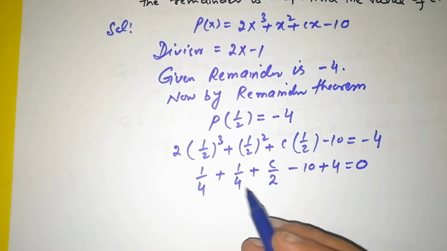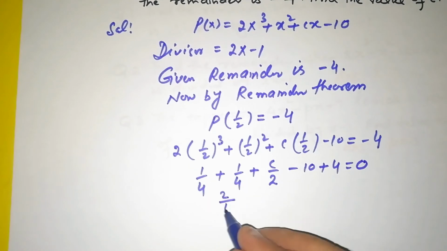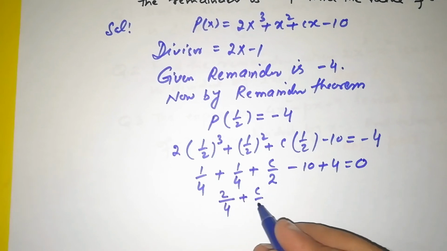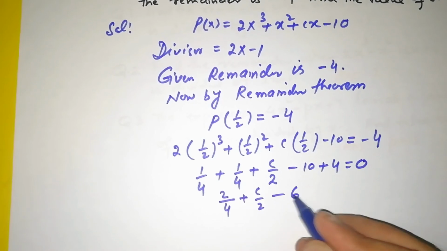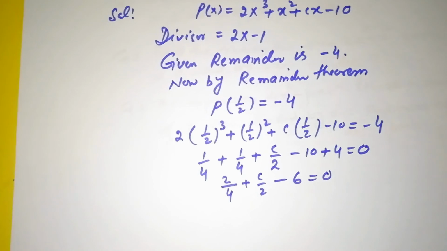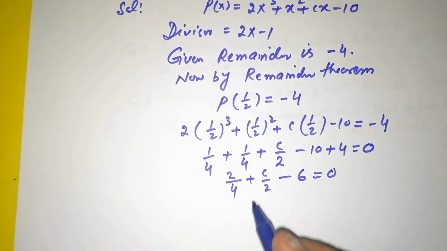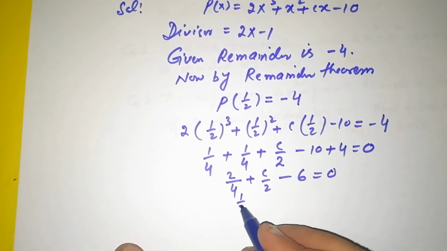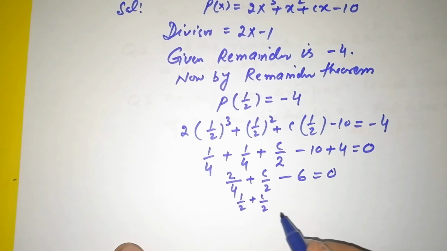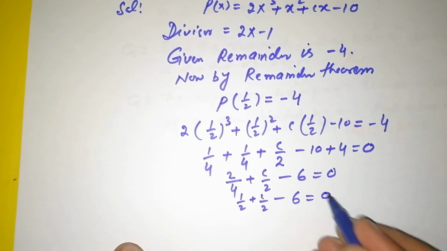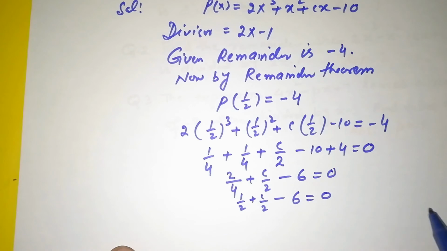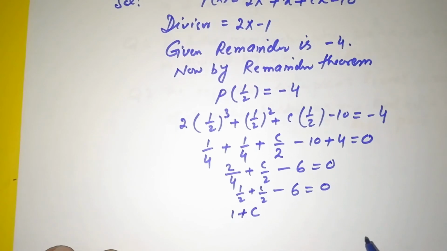1 by 4 plus 1 by 4, you know students, that is 2 by 4 plus c by 2 minus 6, this is equal to 0. 2 by 4 means 1 by 2, therefore 1 by 2 plus c by 2 minus 6, this is equal to 0. And if we multiply this equation by the denominator value 2, we have 1 plus c minus 12, this is equal to 0.